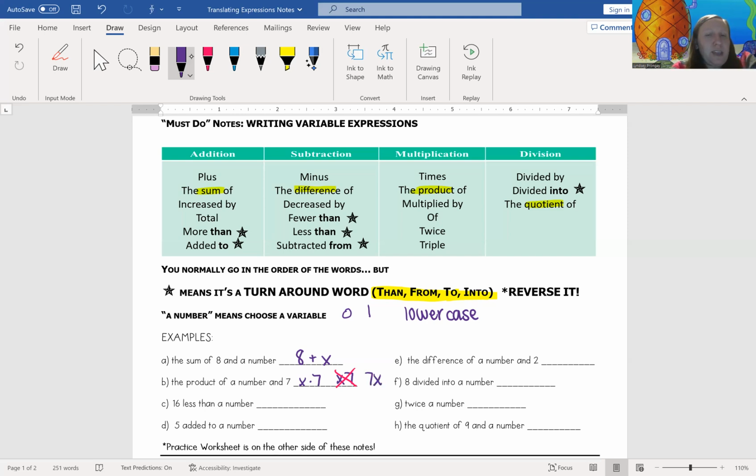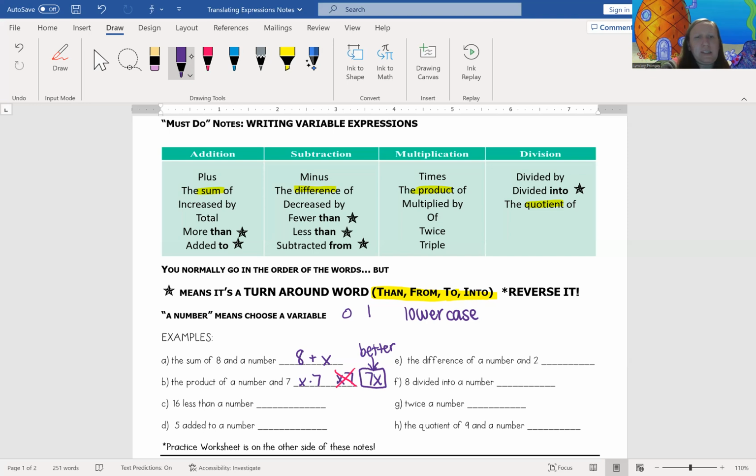So this is one of those cases where there are no turnaround words, but because we're multiplying a number and a variable, this is just the better way of doing it. Would we take off points if you said x dot 7 to show x times 7? No. But we really want to get in the habit of writing it in that more algebraic way.